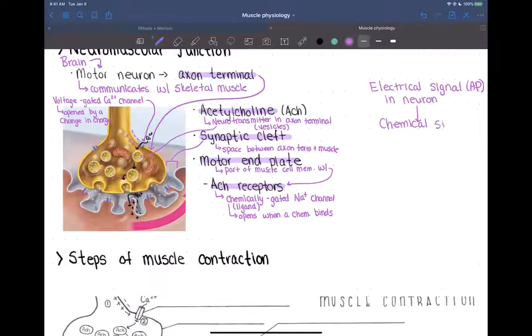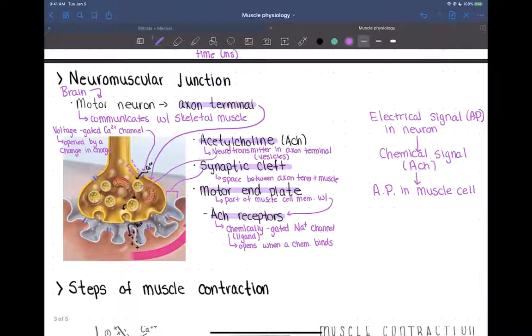That would be our acetylcholine. Then that acetylcholine initiates our action potential, our electrical signal, in our muscle cell. So that's the purpose of the neuromuscular junction: to take the action potential in the motor neuron and transfer it to the muscle cell, and it's transferred by acetylcholine.